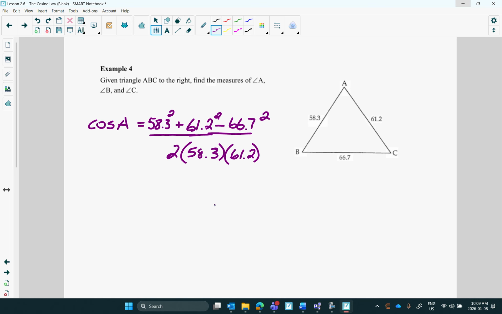Okay, so if we calculate the top, we get 2695.44. Multiply the 3 numbers on the bottom, and we get 7,135.92.